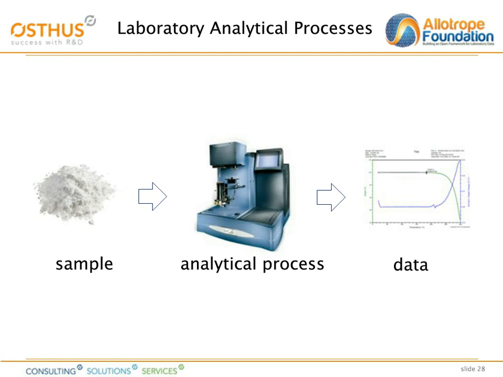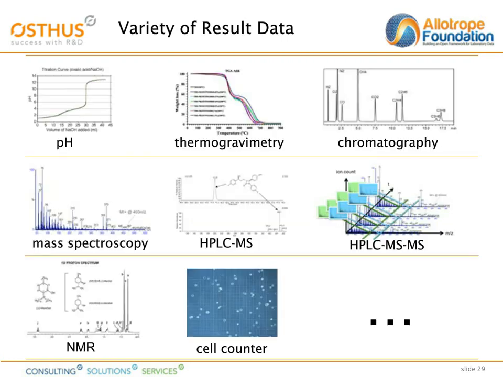Simplified, an analytical process takes a sample as the input and outputs some data. The problem here, however, is that on the one hand, we have many different analytical techniques.